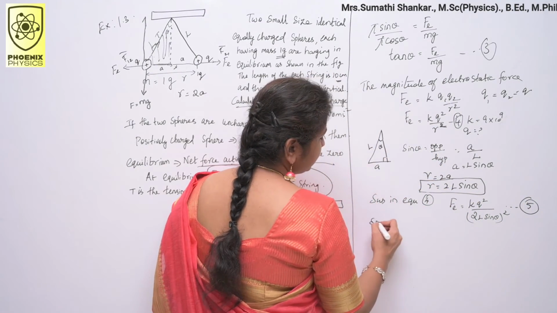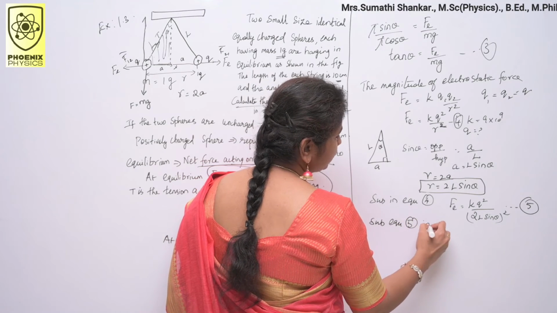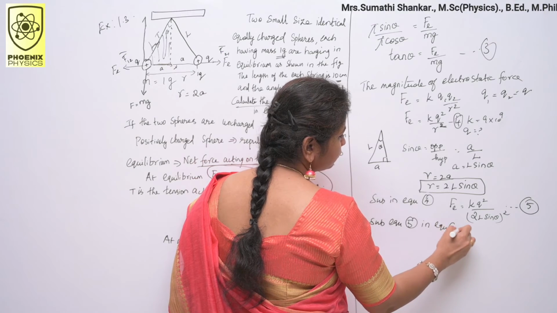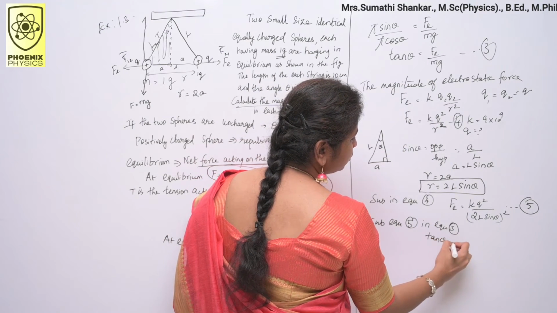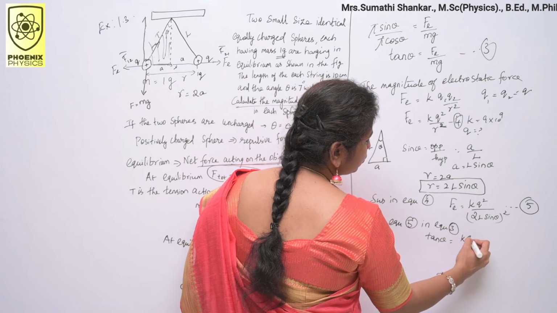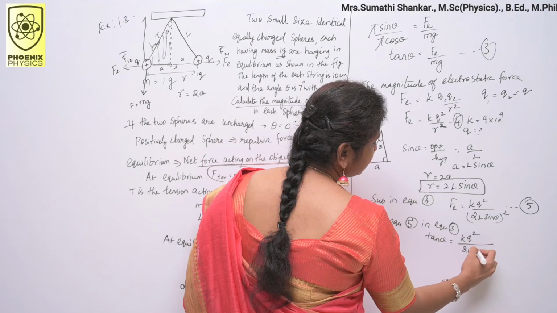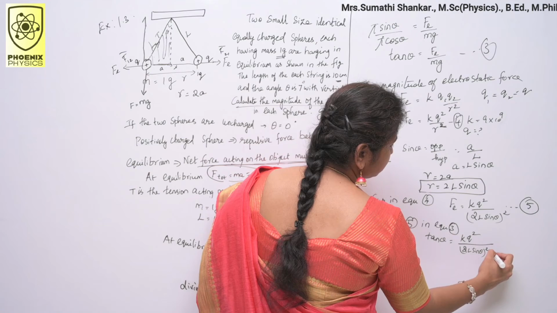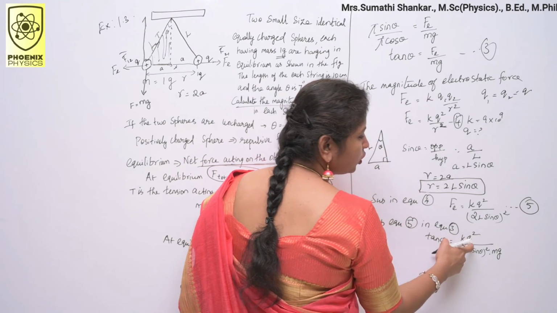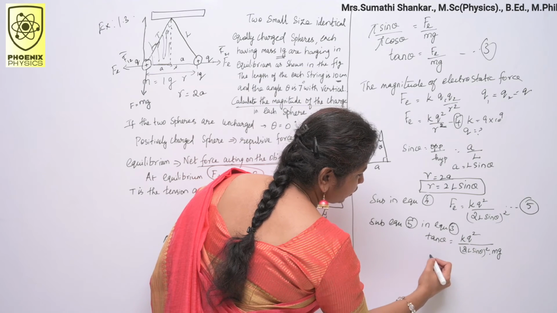Substitute equation 5 in equation 3. So tan theta is equal to K Q square divided by 2L sine theta the whole square into mg. I want to find out q. So bring this q square here.